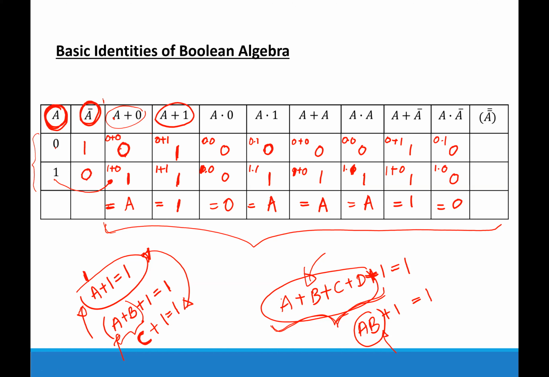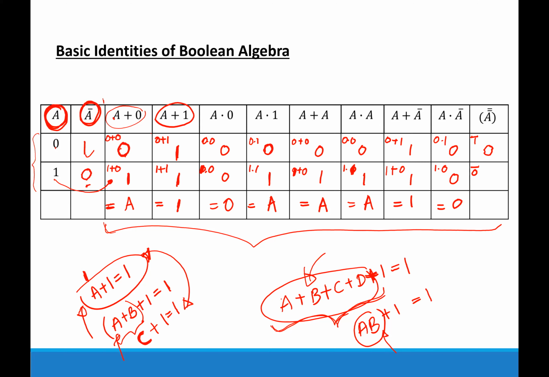Okay, the last column, we take the double complement of A. Okay, here we have A bar, right? Again, we take the complement of that complement. Okay, A double bar. Now A bar is equal to 1, right? So here we take again the complement of that. What will happen? That's equal to 0. Here we have the complement of A. A bar is equal to 0, right?